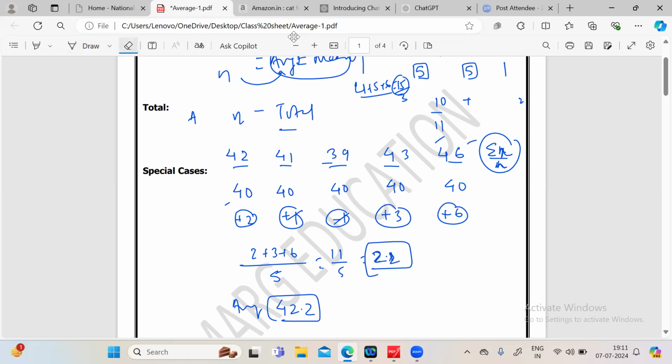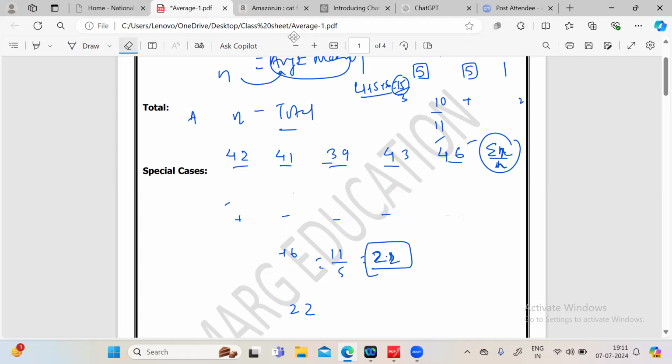Somebody could have taken 41 also. So let's say somebody did the same thing by taking 41 as a reference figure, then how he will calculate the average is: I'll assign 41 to every observation, and I'll check which one is giving or which one is getting what.